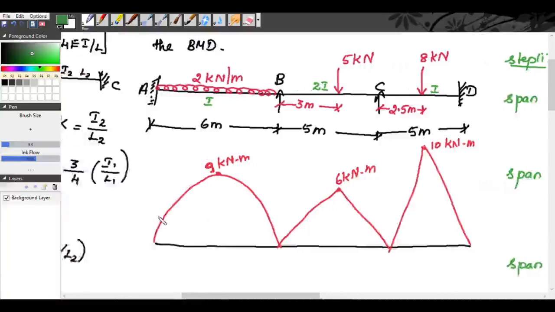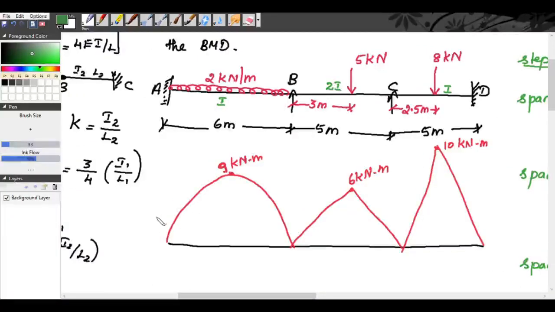So first it is minus 6.67 kilonewton meter. At B it is 4.65 kilonewton meter. At C it is 4 kilonewton meter. And at D it is 5.49 kilonewton meter.